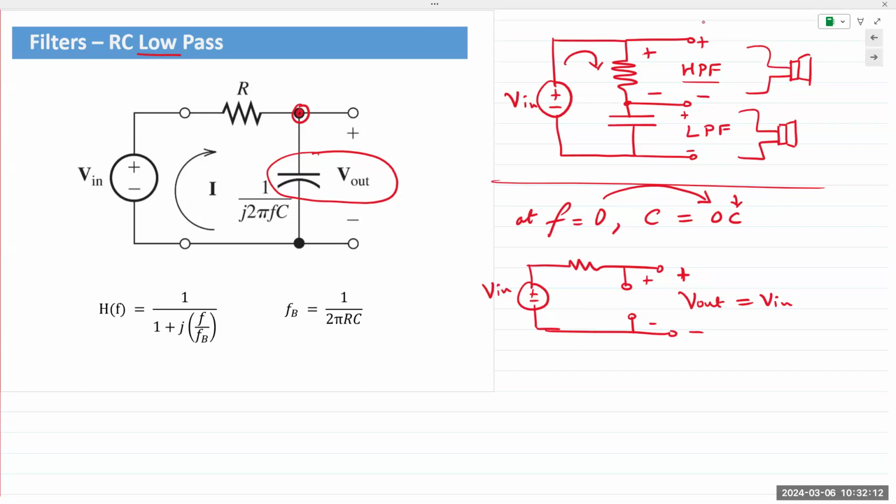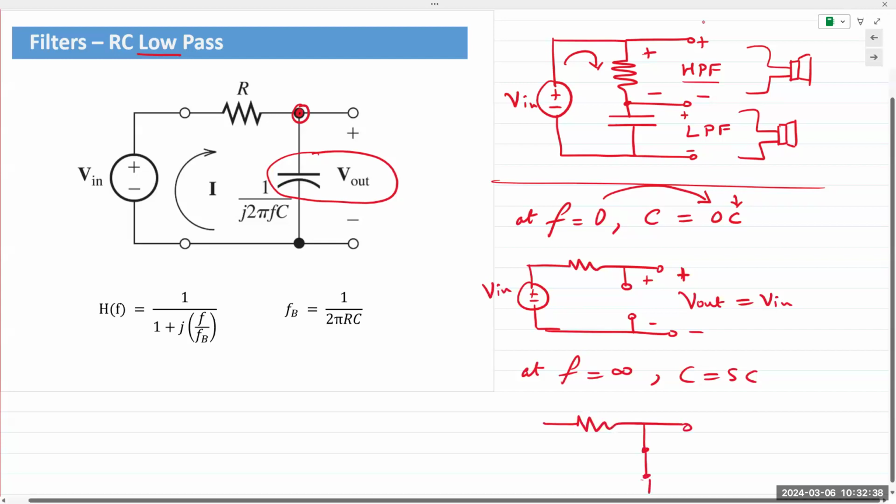Approaching 0, or low frequencies, or a value of 0, in this case they all mean the exact same thing. And then as it tends towards infinity, or very, very high frequencies, the capacitor behaves like a short circuit, exactly opposite. If it's a short circuit, what do I expect my output to be?